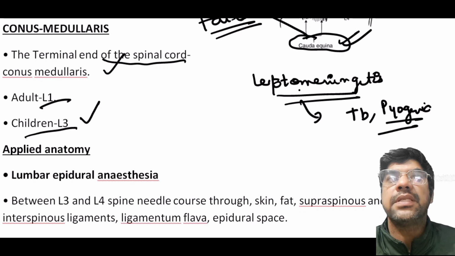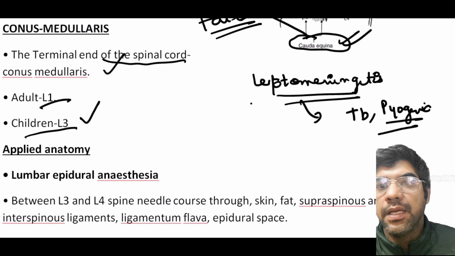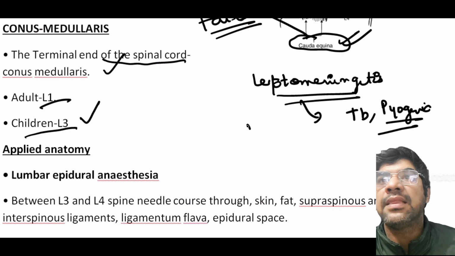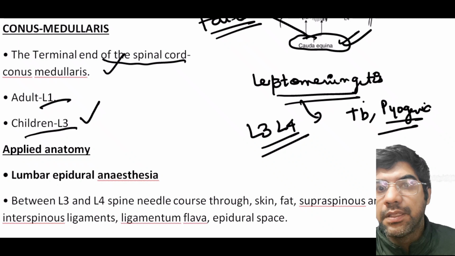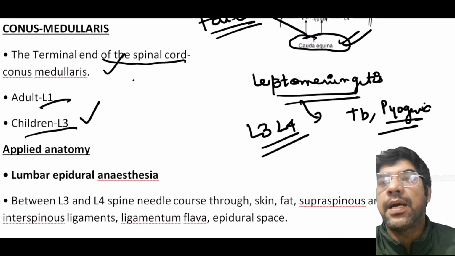Now the lumbar puncture in the adult, remember, the local anesthesia is given and the puncture site is between the L3 and L4 segment. So what would be the needle path?